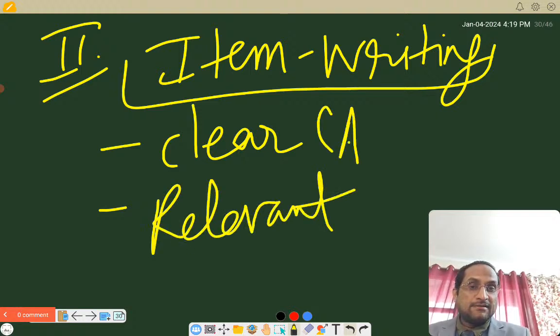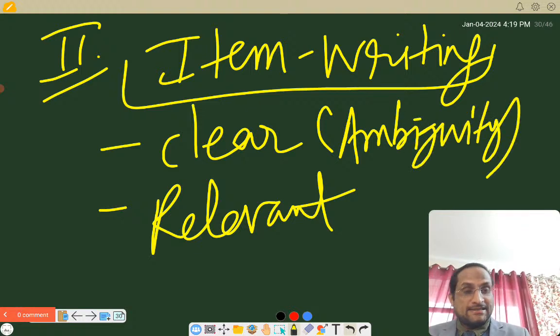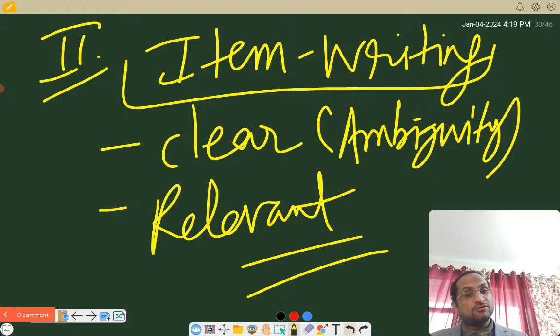What is the meaning of clear? That ambiguity should not be there. Ambiguity should be as little as possible. It should be relevant to the construct in question. These two are primary criteria. Many other things, like it should be moderately difficult and have discriminating ability, will also be ensured in the next step, where we do item analysis.